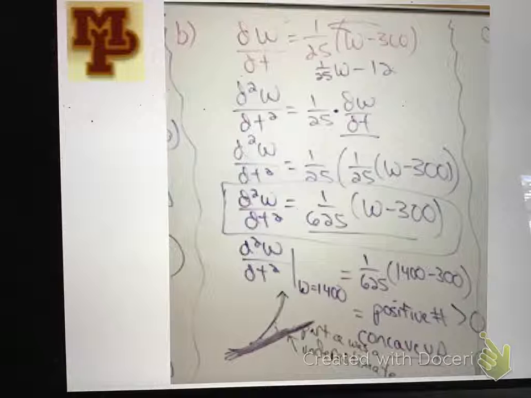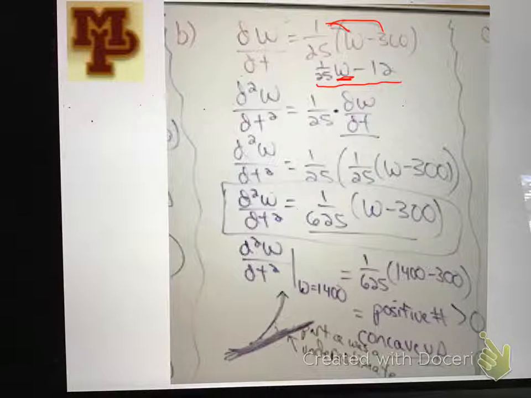So to find the second derivative, we do the same thing we did on the baby bird problem. At least I do like to do that. So I would distribute the 125 first, 1 over 25, and you get 1 over 25 W minus 12. And then if you think about taking the derivative of that, you would carry the 1 over 25 along for the ride, and then take the derivative of W with respect to time, so that would be dW/dt.